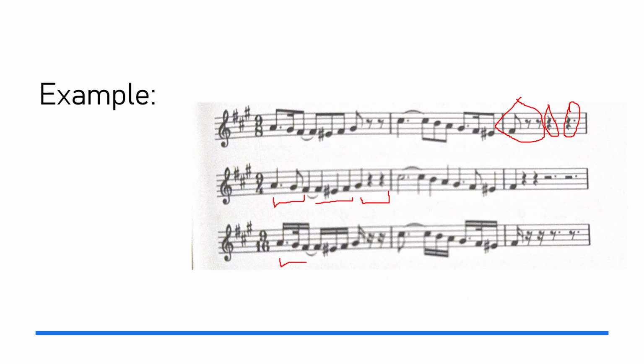This here, you beam the dotted crochet together. Everything here gives you a dotted quaver, not a dotted crochet. Everything here gives you a dotted crochet. Everything here gives you a dotted quaver. You see, it's the same structure.